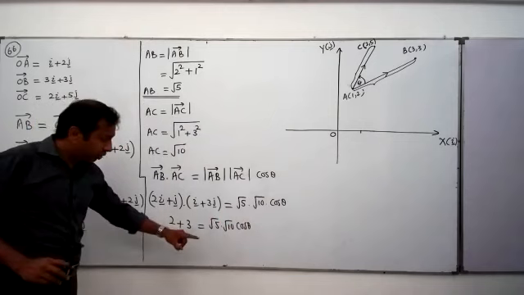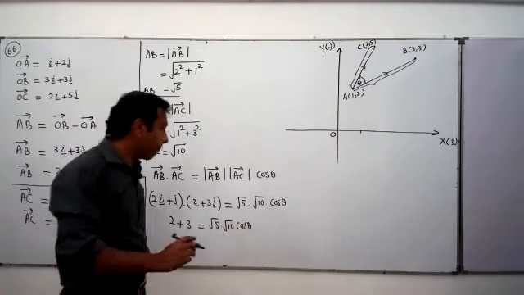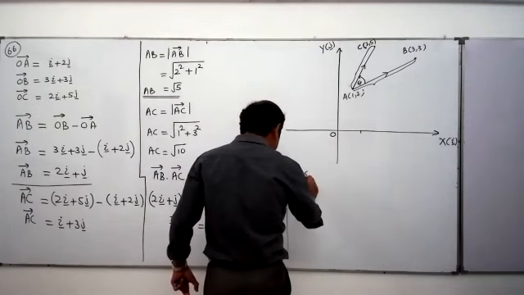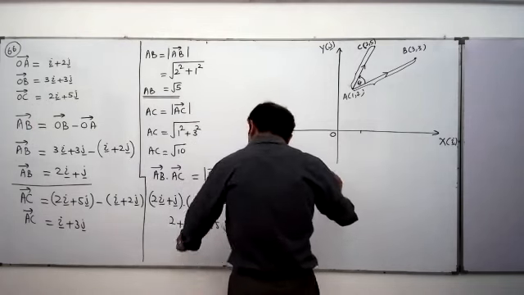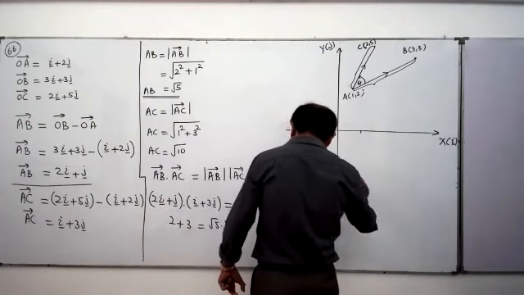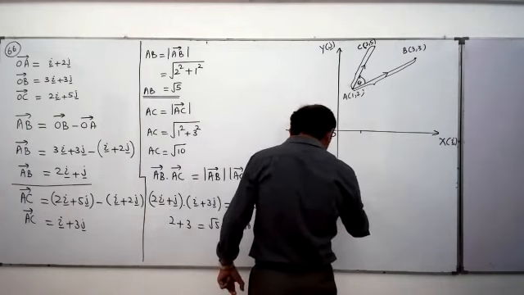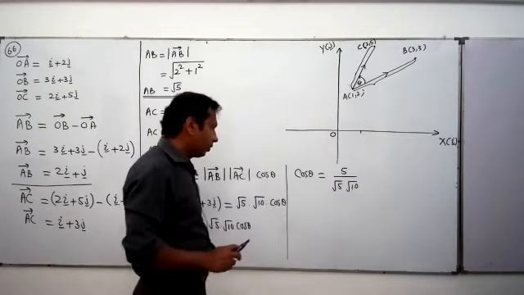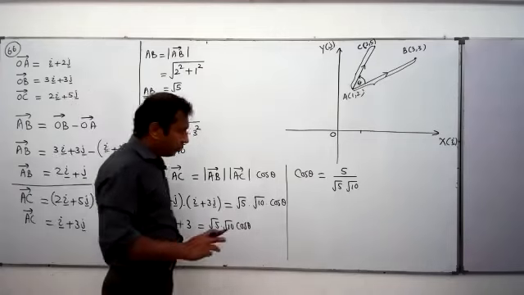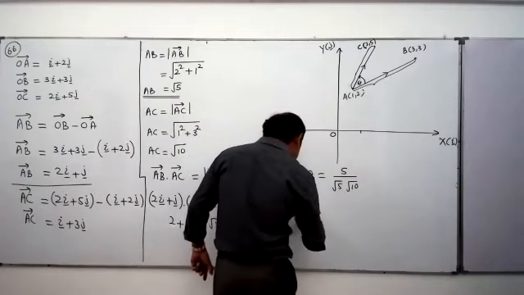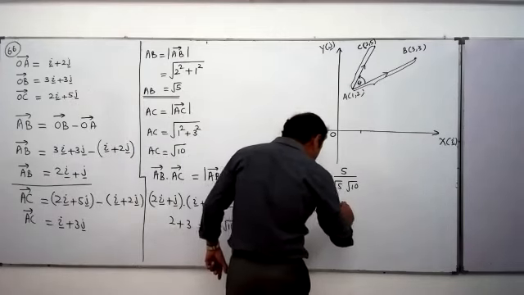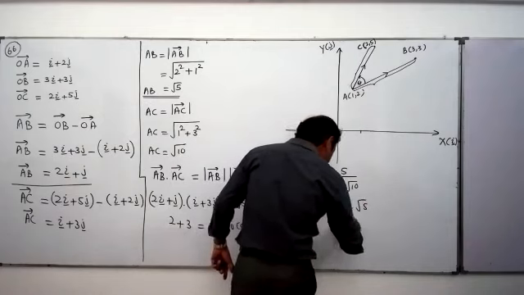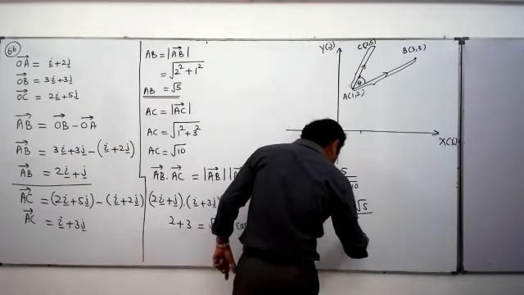Then you can substitute cos theta by dividing this product. And write cos theta is equal to 2 plus 3, it's 5, divided by root 5 times root 10. Okay. This one you can write this way, cos theta is equal to this 5 at the numerator we can write as root 5 into root 5, divided by root 5 into root 10.